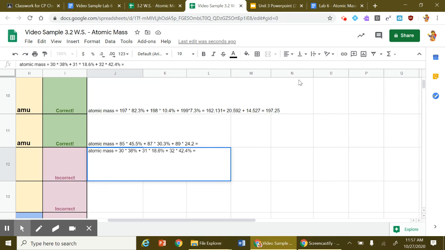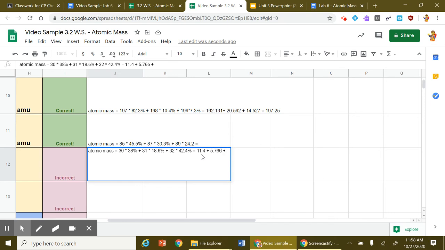So let's see here. 30 times 38%. So this should be, the first one is 11.4. All right, plus 31 times 18.6%. 5.766.